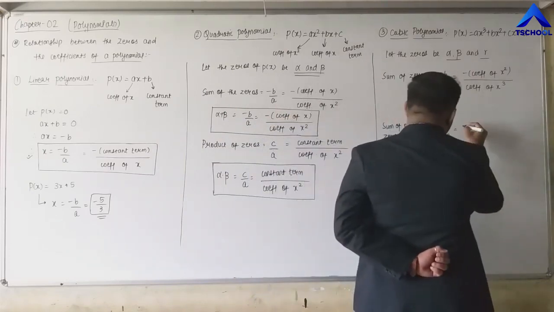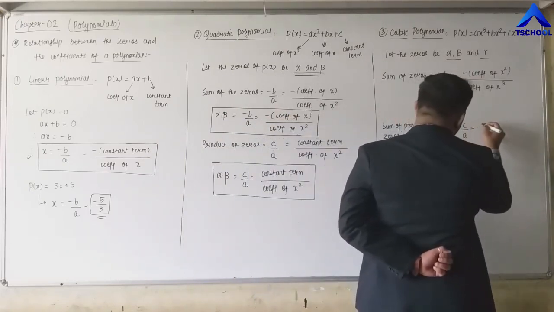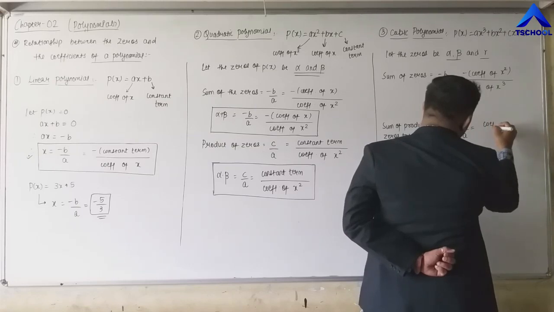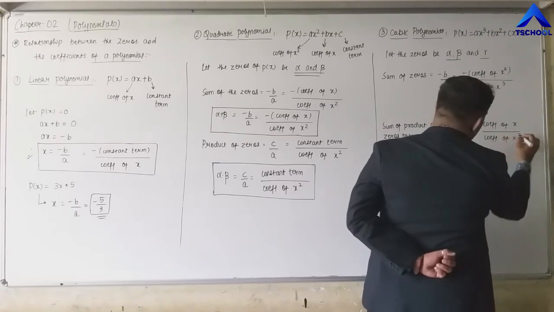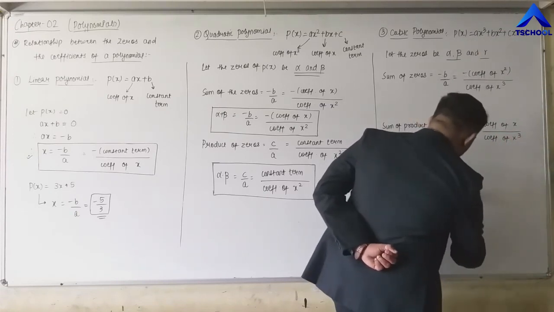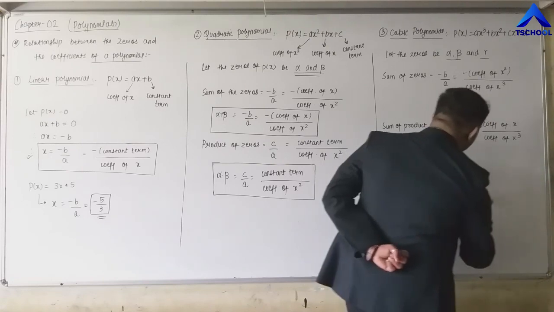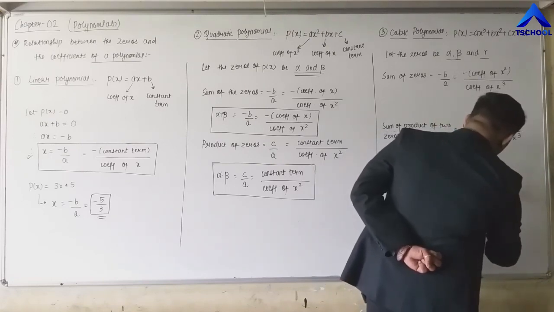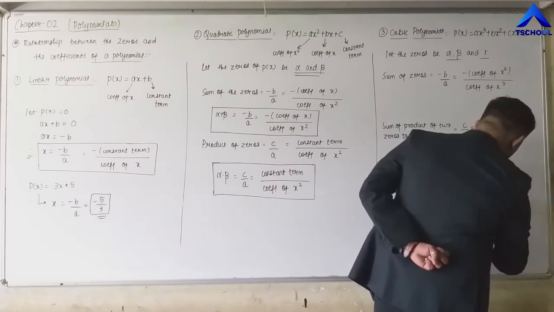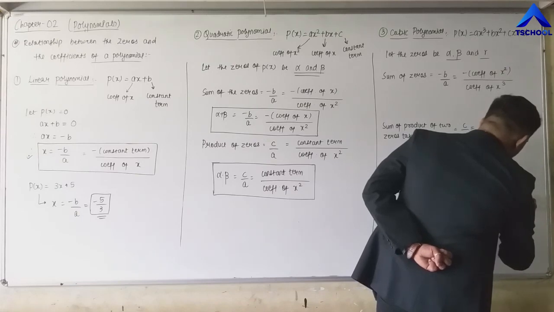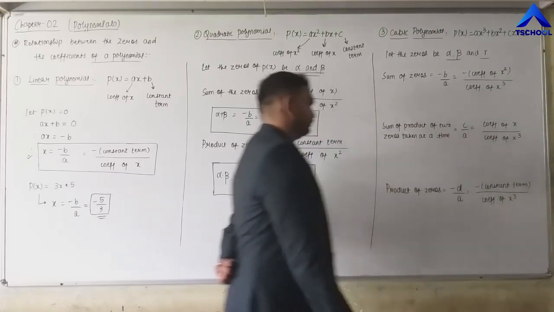Then the sum of the product of two zeros is c by a, that is the coefficient of x divided by the coefficient of x cube, and the product of the zeros is minus d by a, that is minus the constant term divided by the coefficient of x cube.